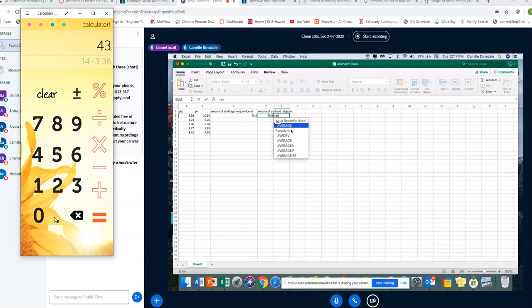Double click on that one now, and then highlight the 43.3 and the 43.8. Just click one and drag to the other. There we go. Now push enter. Okay. There we go. Got it.